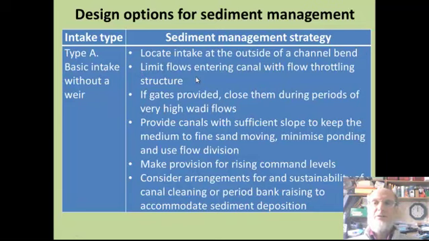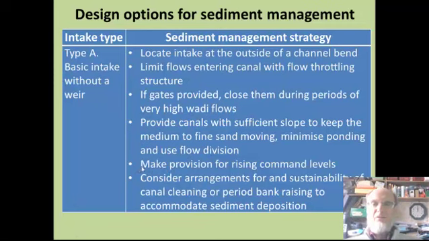Second, limit the flows entering the canal with a flow throttling structure. If gates are provided, close them during periods of very high flows, and provide the canals with sufficient slope to keep medium to fine sand moving, and minimize ponding, and use flow division structures.